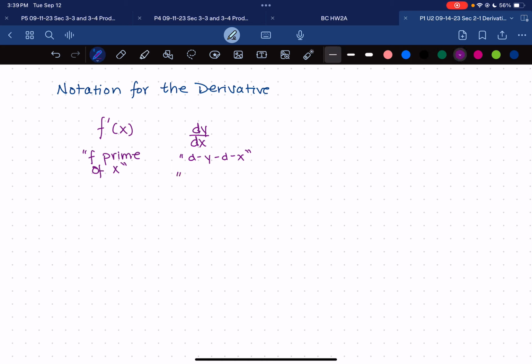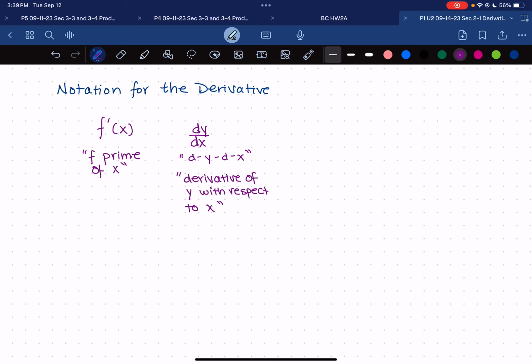You'll also hear it, though, this one people will often say the derivative of y with respect to x. Y is the function, x is the variable in the function. That's what that means. So dy dx, derivative of y with respect to x.